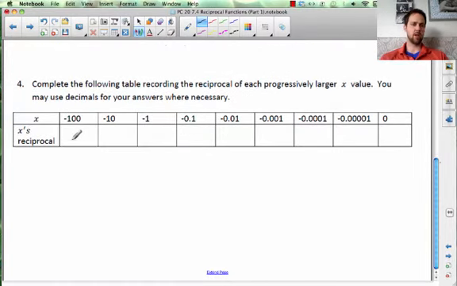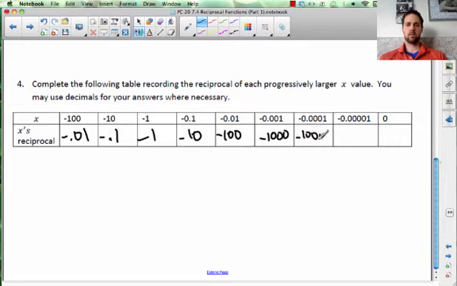Alright, so do it again for negative ones. Negative 0.01. Negative 0.1. Negative 1. Negative 10. Negative 100. Negative 1,000. Negative 10,000. Negative 100,000.